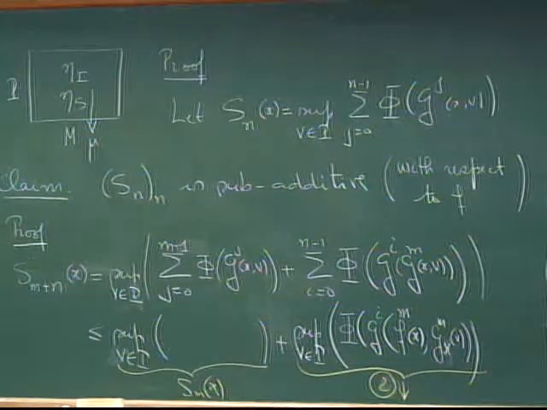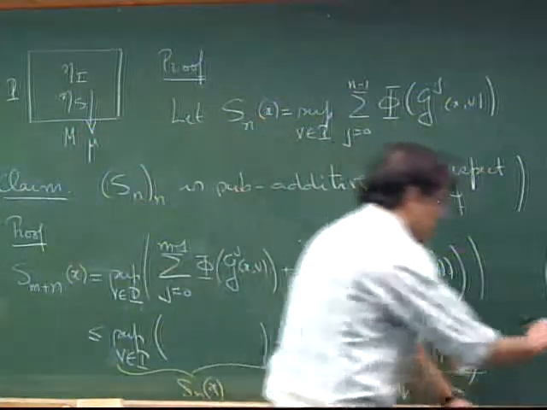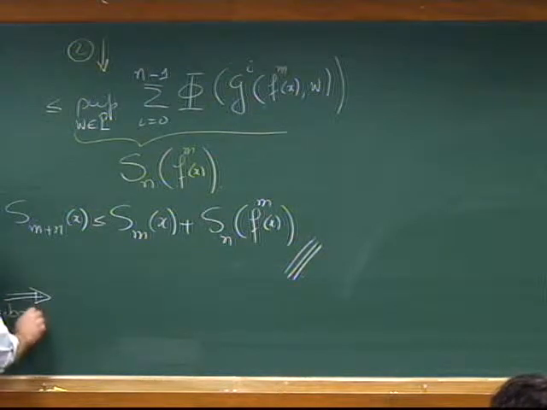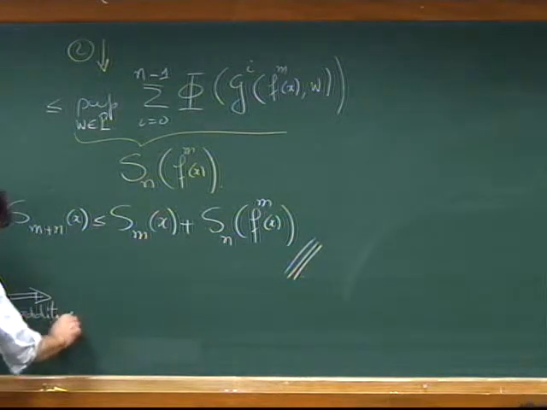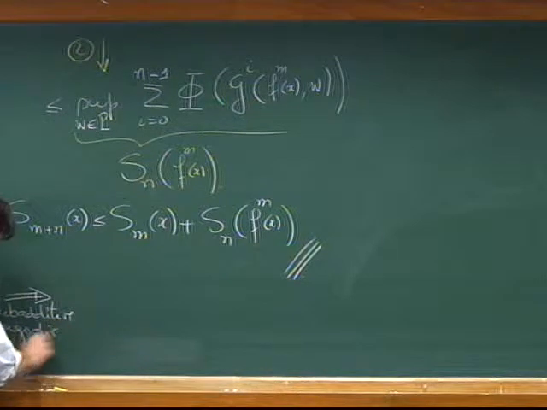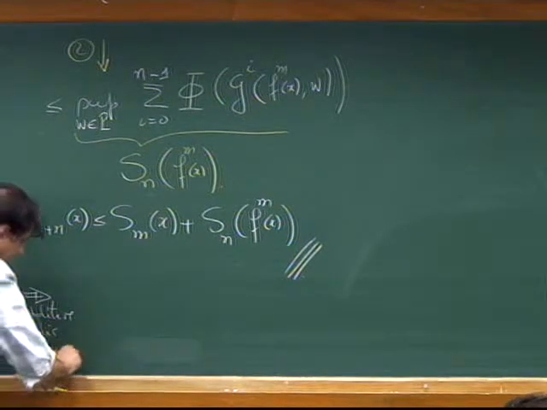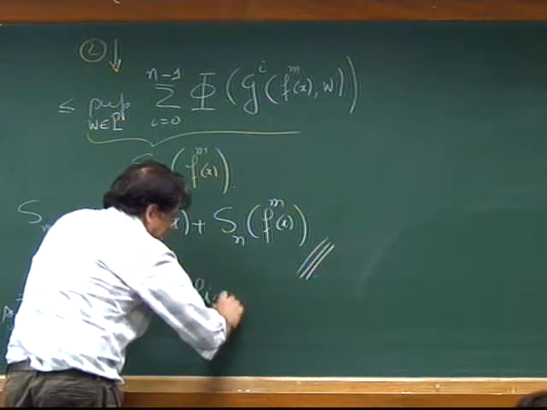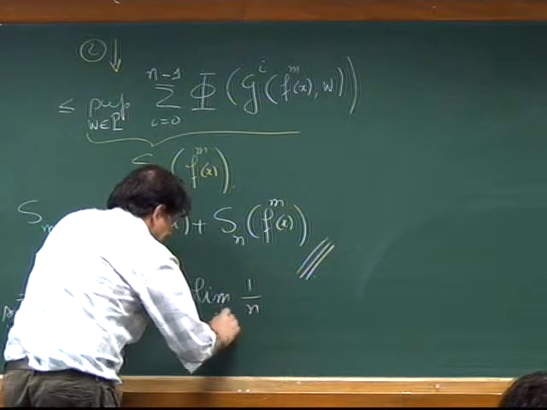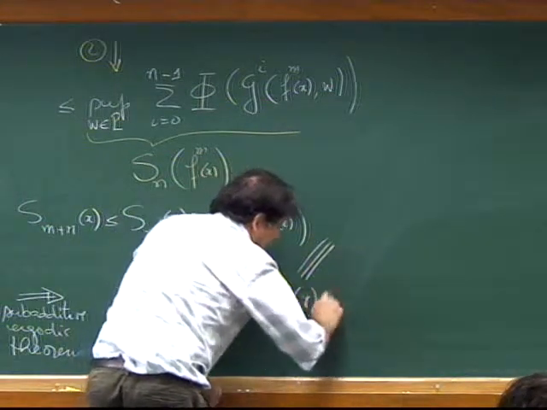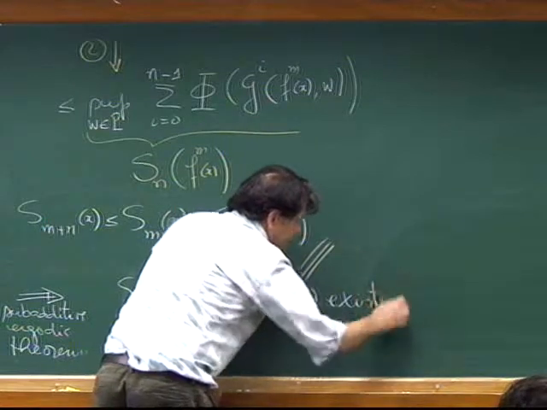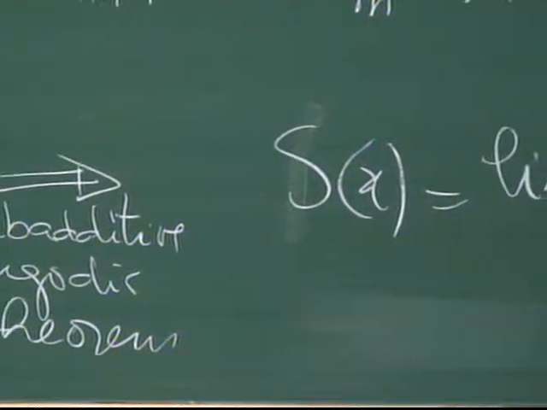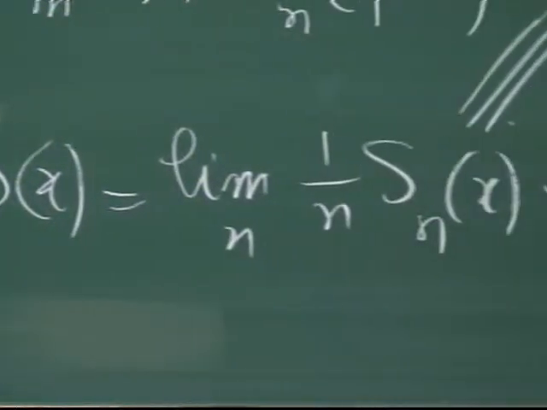So, as an immediate corollary from this claim, by the subadditive ergodic theorem, the limit S(x) exists. And that's precisely what I'm claiming here. It exists mu almost everywhere.